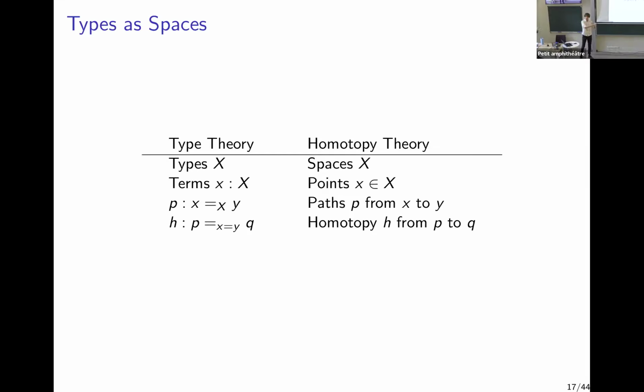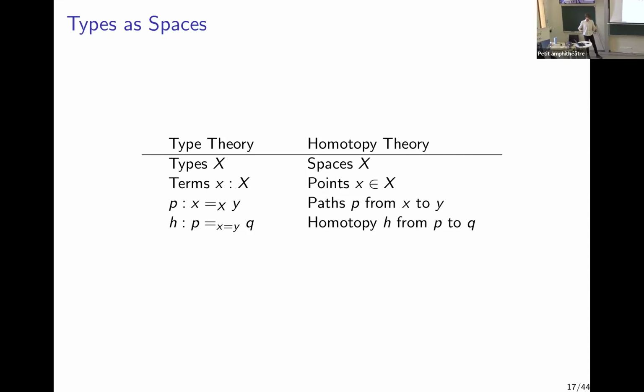And these identity types can be iterated because the identity type is again a type. But we can thus make terms of the identity type, meaning that we can repeatedly apply the identity type and talk about equalities of equalities.